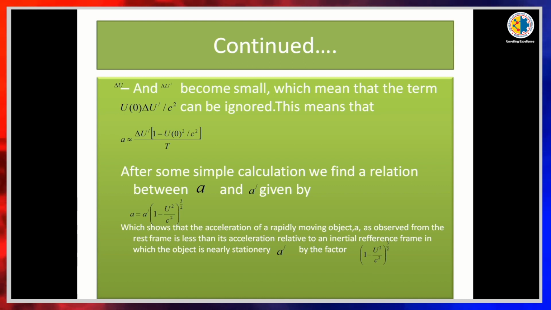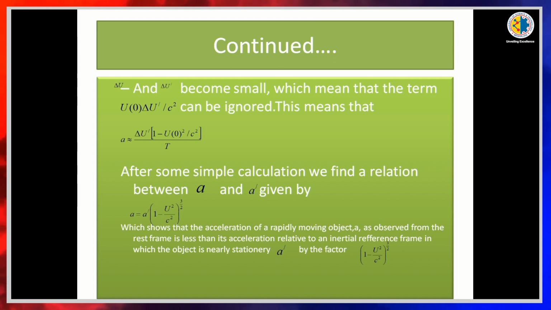This means that a approximates to delta u dash times (1 minus u square by c square) divided by capital T, where T is the time for the accelerated frame. After some simple calculation, we find a relation between a and a dash. It is given by a equal to a dash times (1 minus u square by c square) to the power 3 by 2.